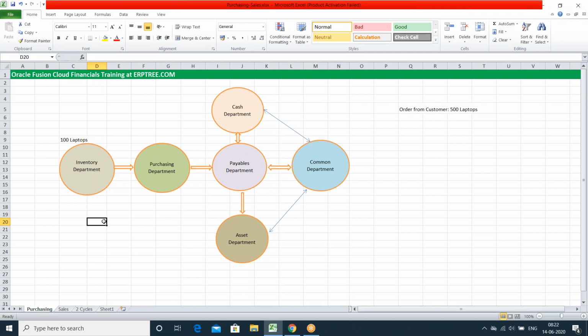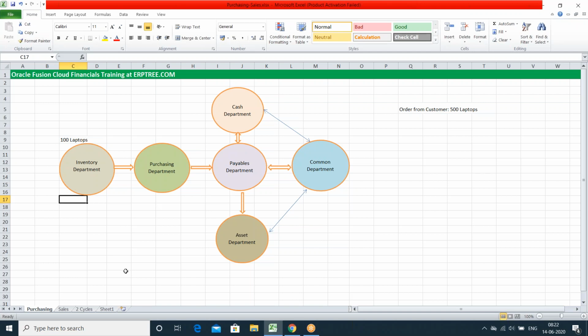Now what the inventory department can do is raise the requisition, which you can call a purchase requisition. The inventory department takes the responsibility of raising it.